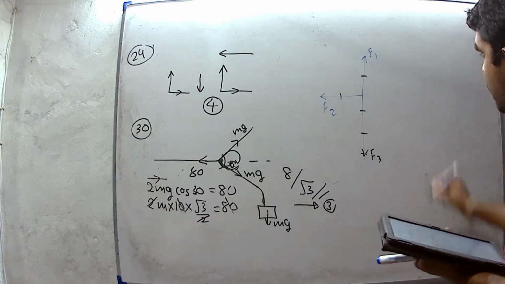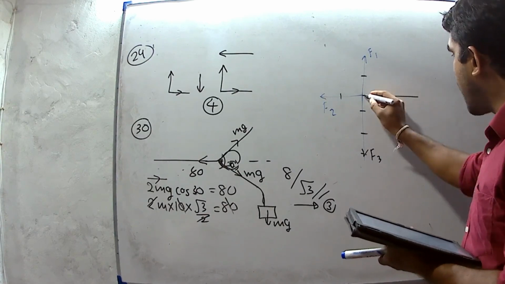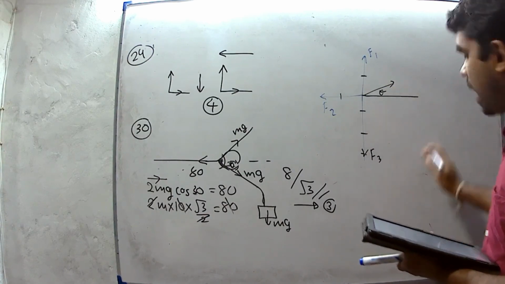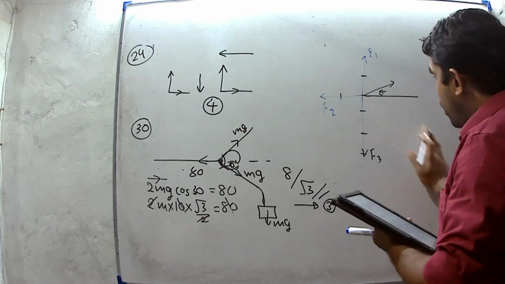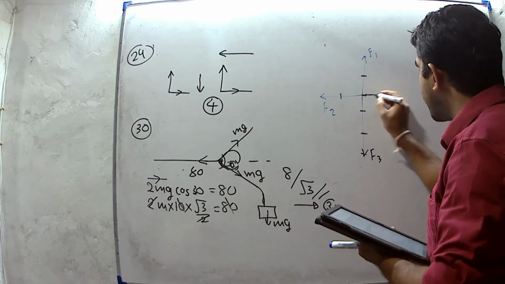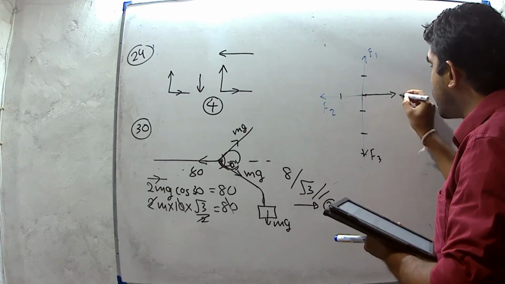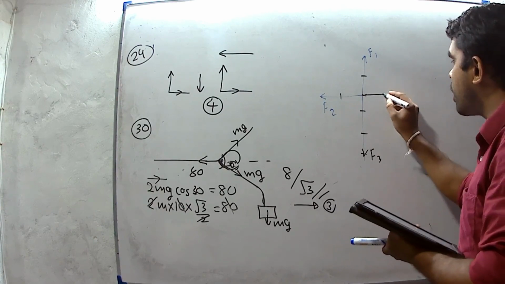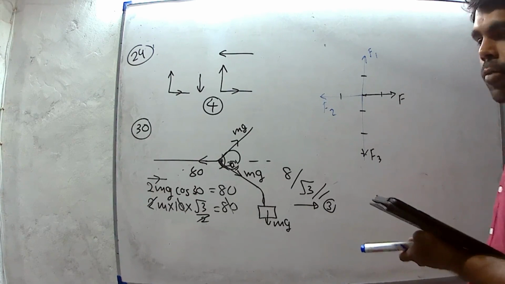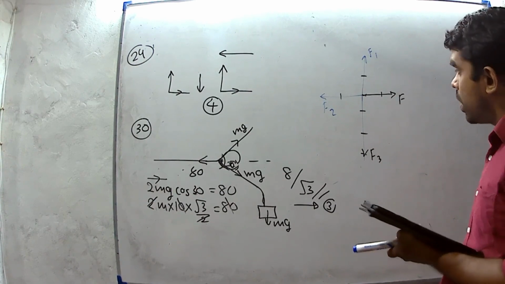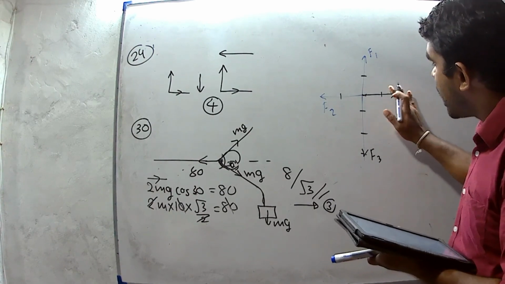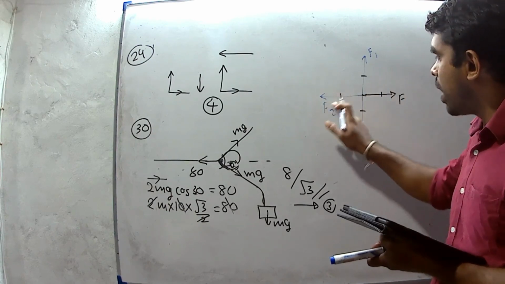When theta equals 0, theta means this angle. Theta equals 0, F4 is acting in this direction. F4 force is 1.5 squares. Then we can cancel out 1.5 squares from this one.